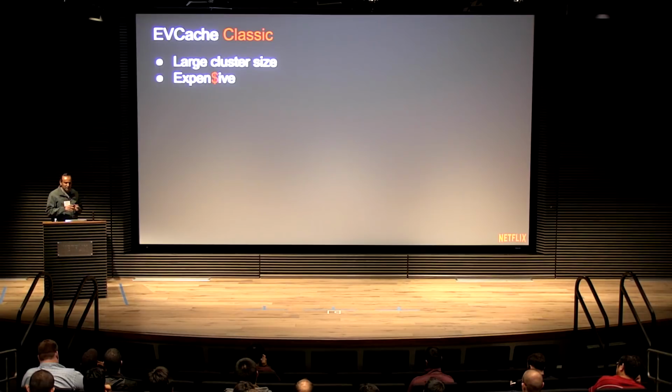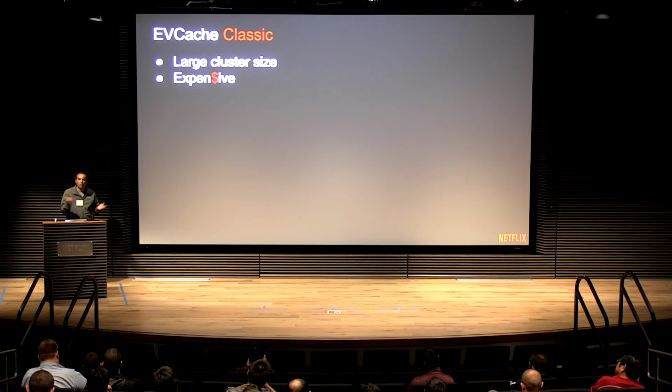Also, when we have multiple regions, we need to replicate all this data from all the regions to everywhere. So your data has now suddenly increased by a factor of 3, which is even more expensive. So what can we do about it?